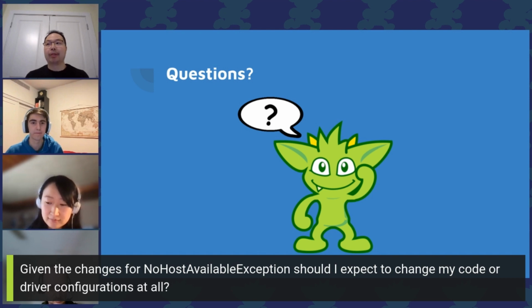But the part that got modified is the timeout exceptions. They now obey the max wait for connection parameter. Before, even if you had tweaked that, it really wouldn't have done anything because you would just immediately get an NHA. Now you can actually change that configuration, and it will be obeyed. So you can change your driver configurations to change the behavior of that timeout exception.